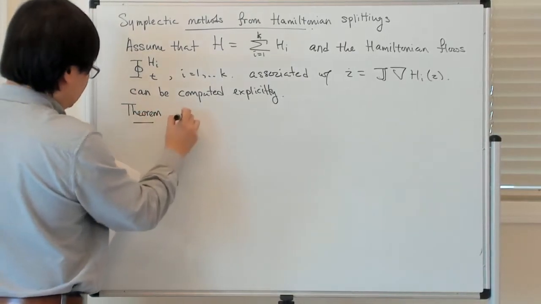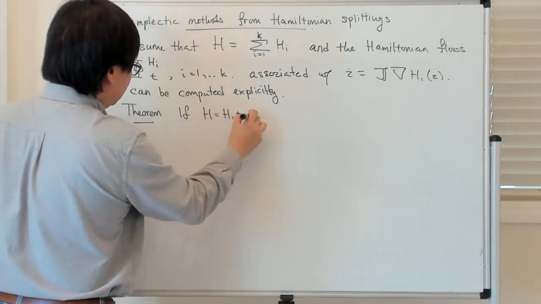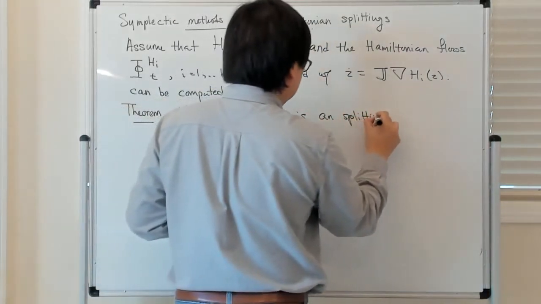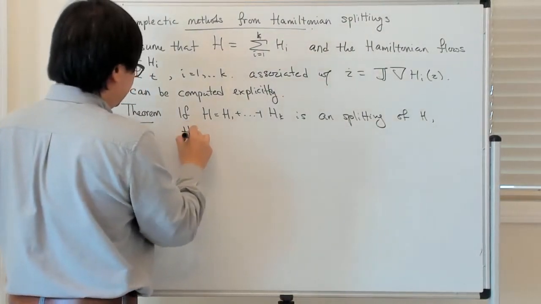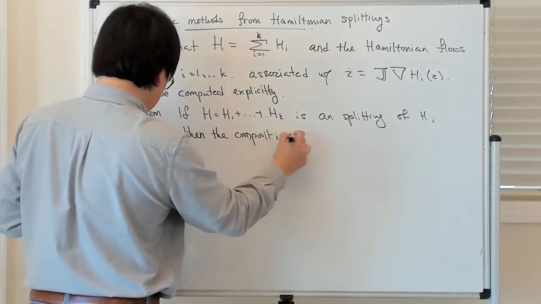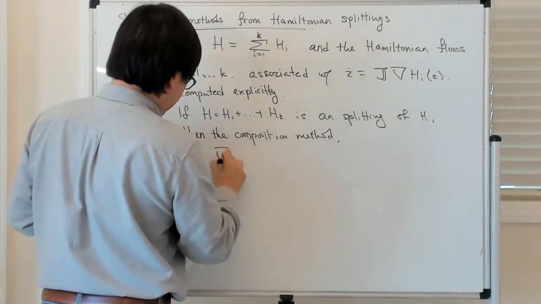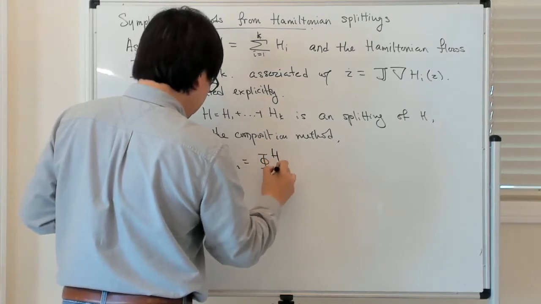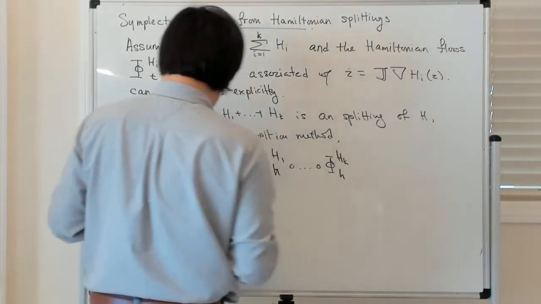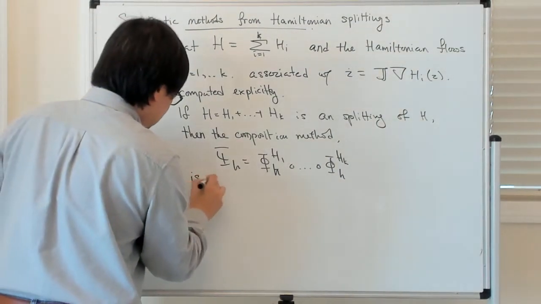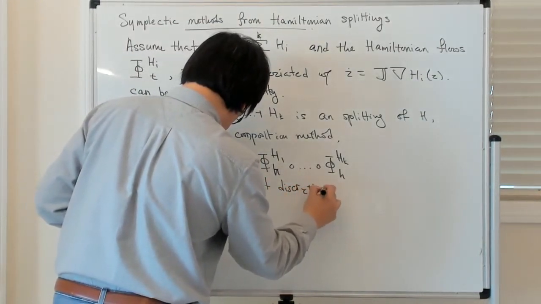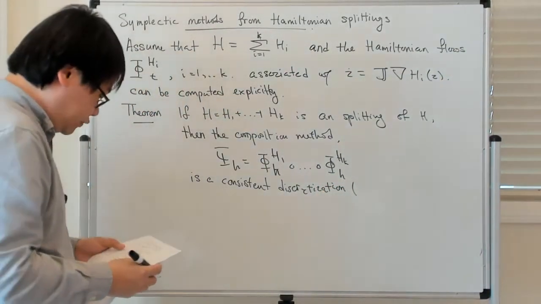The theorem is that if H is H_1 summed up to H_K, any splitting of H, then the composition method, which is the composition of these flows, is a consistent discretization, which is to say that it's at least first order accurate.